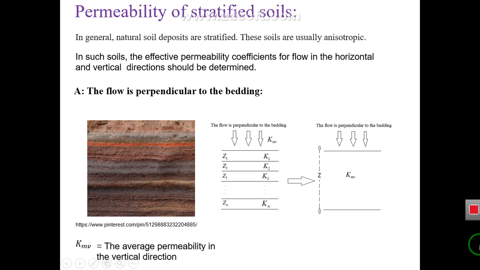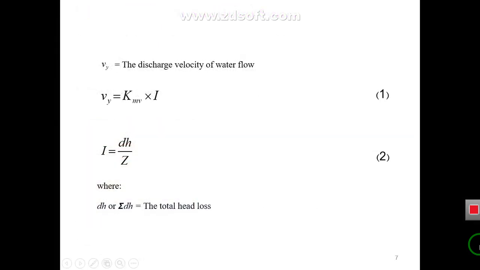If so, we can replace this simulated medium with the actual layered environment. If we consider the discharge velocity of water flow perpendicular to the stratification to be Vy, then we can write Vy is equal to Kmv multiplied by I. The hydraulic gradient I in the set of layers can be obtained using this equation.